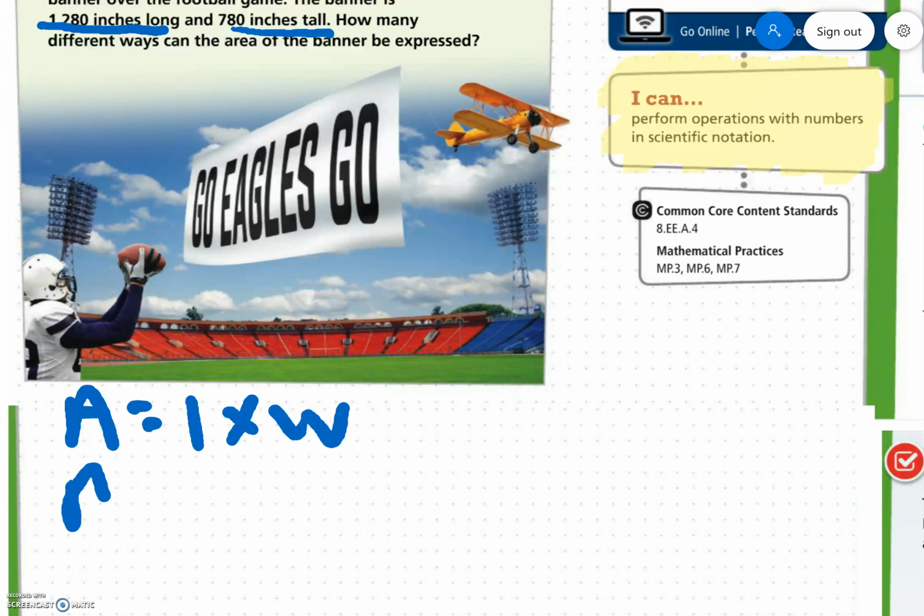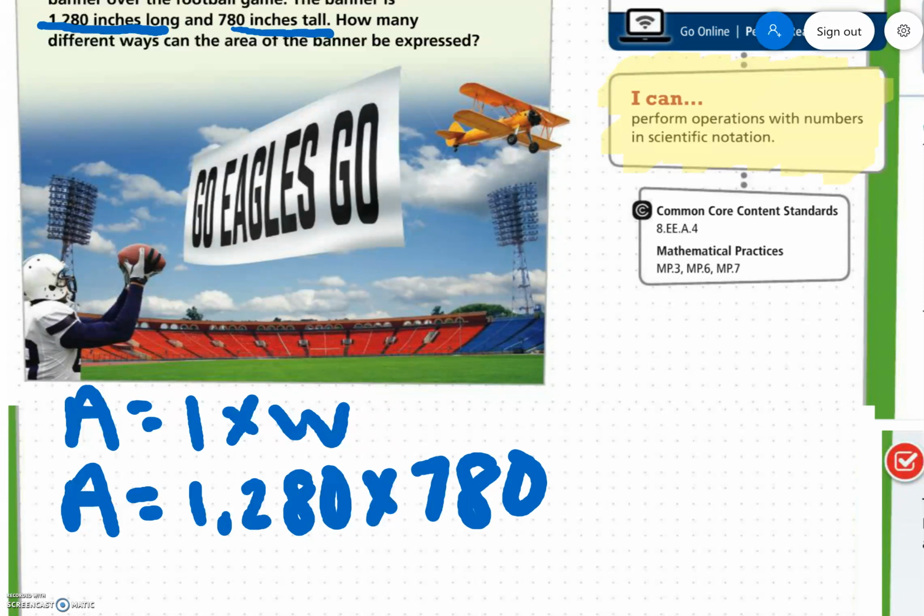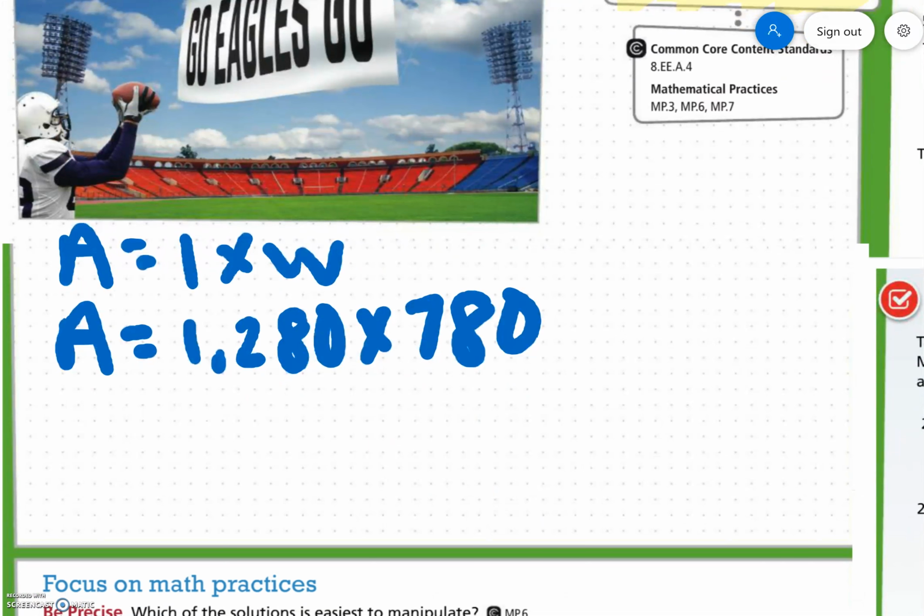Okay, so if we did area equals 1,280 times 780, I could have done it in my calculator to get 998,400.